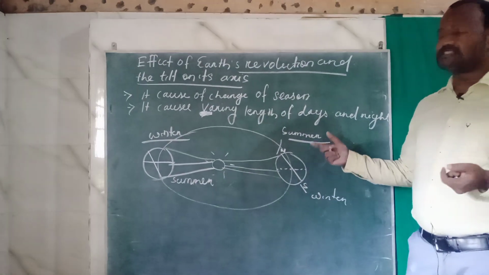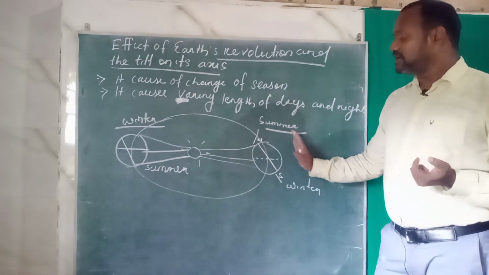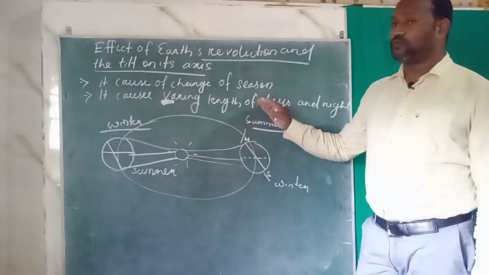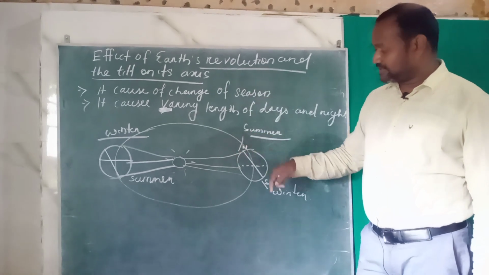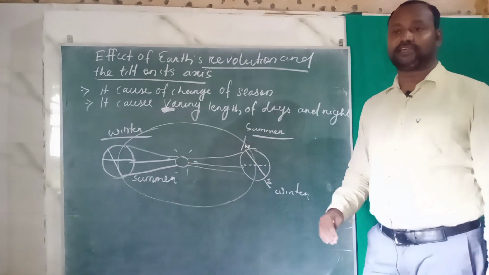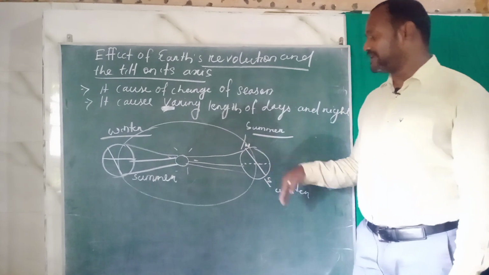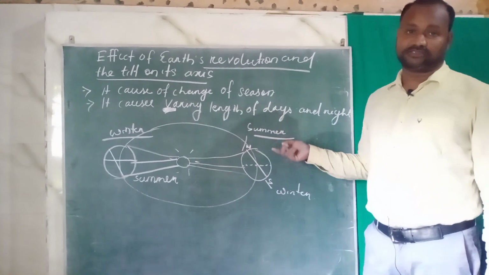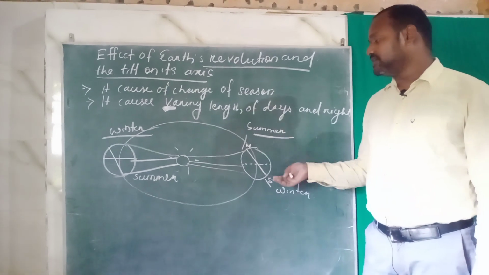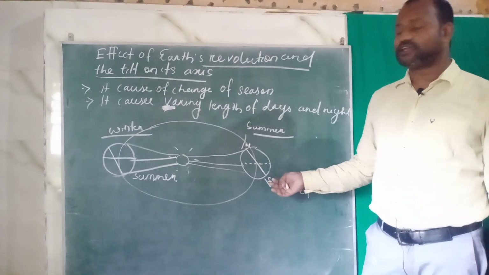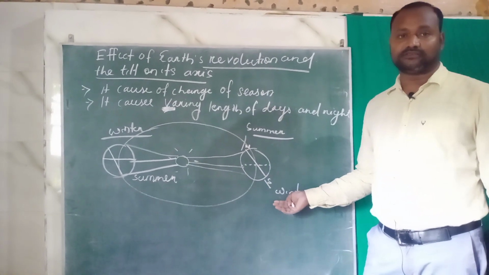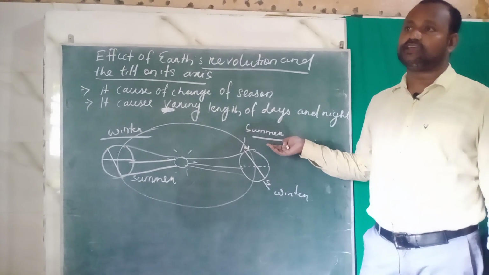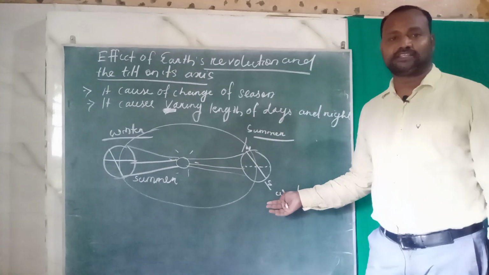The Earth's axis is tilted, and it tilts towards the direct sun rays. When it tilts towards the direct sun rays, it gets the direct sun rays and it becomes summer, and when it does not get the direct sun rays, it becomes what? Winter. When the northern hemisphere gets the direct sun rays, there is winter in the southern hemisphere.